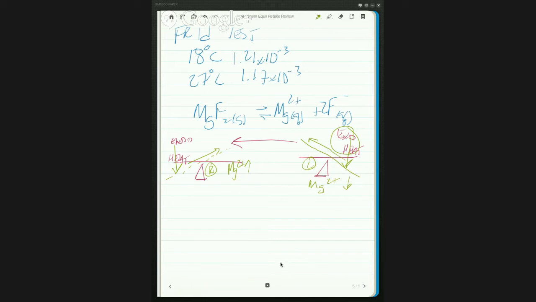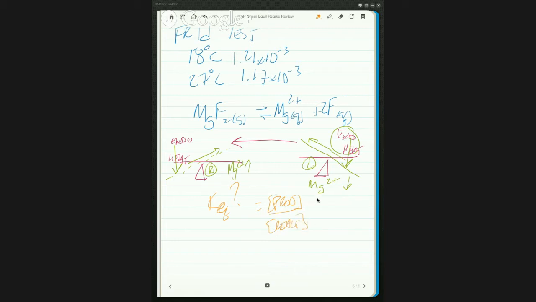Now, another question that could be asked that's not here is, what does that do to the K? So I'm going to make that orange. Equilibrium, what happens with that? Well, if you create more reactant and consume product, remember that K is equal to product over reactant.